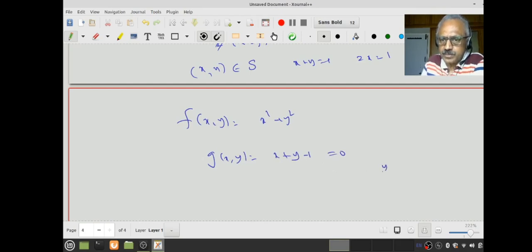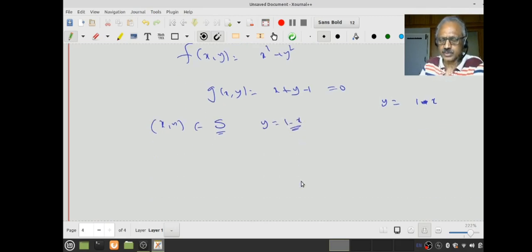That means my y must be 1 minus x. If (x, y) lies in the level set, that is a level surface, then necessarily y must be 1 minus x. Do you understand? Because (x, y) should satisfy x plus y equal to 1.